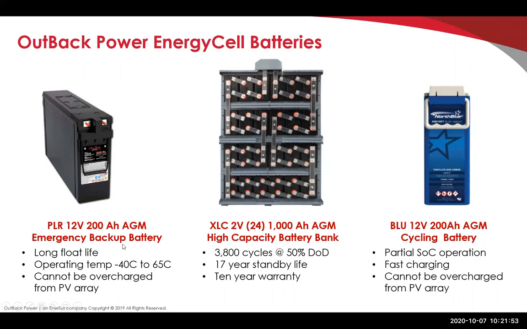It's what we call an emergency backup battery because it has a long float life, up to 15 years of float. What that means is, if you were to charge the battery and then keep a float charge on it, you could do that for up to 15 years without cycling the battery. And it's got a nice operating temperature range, -40°C to 65°C.